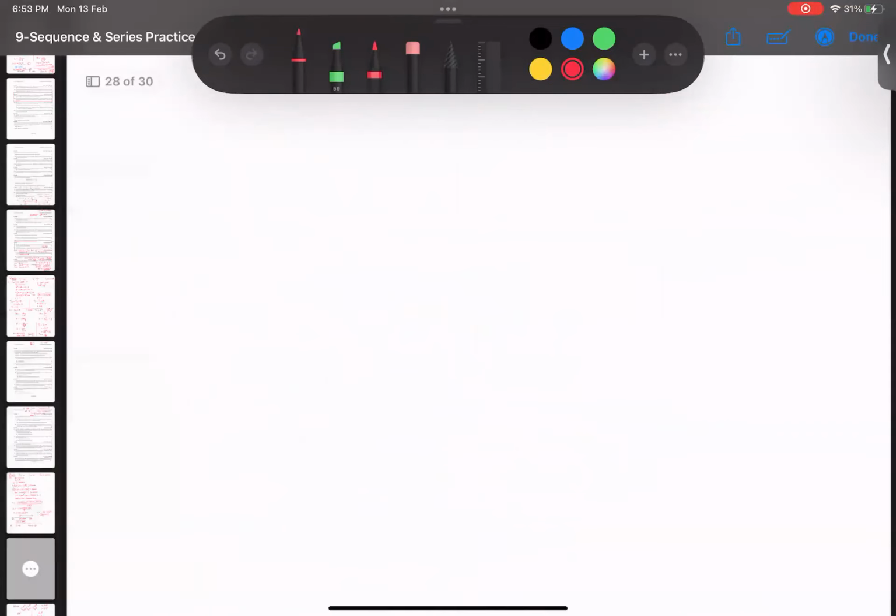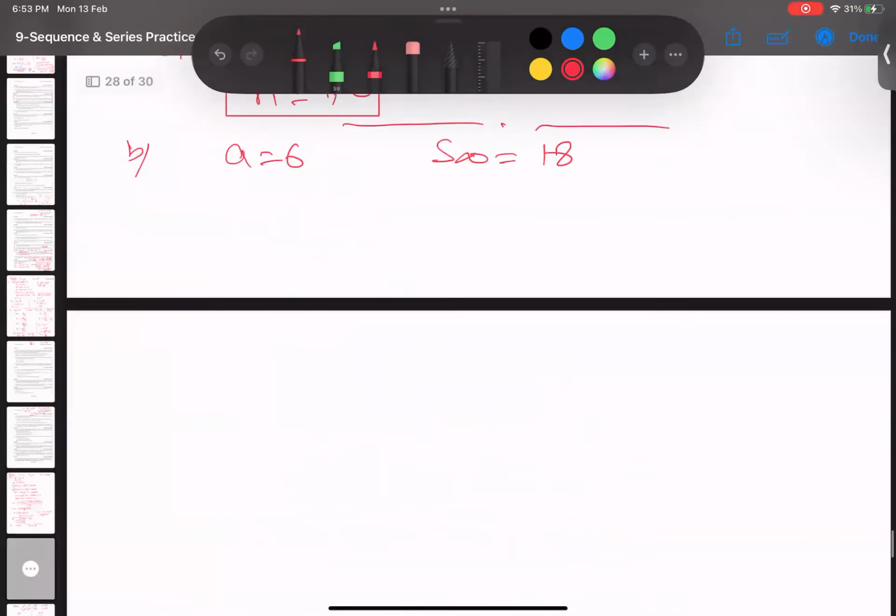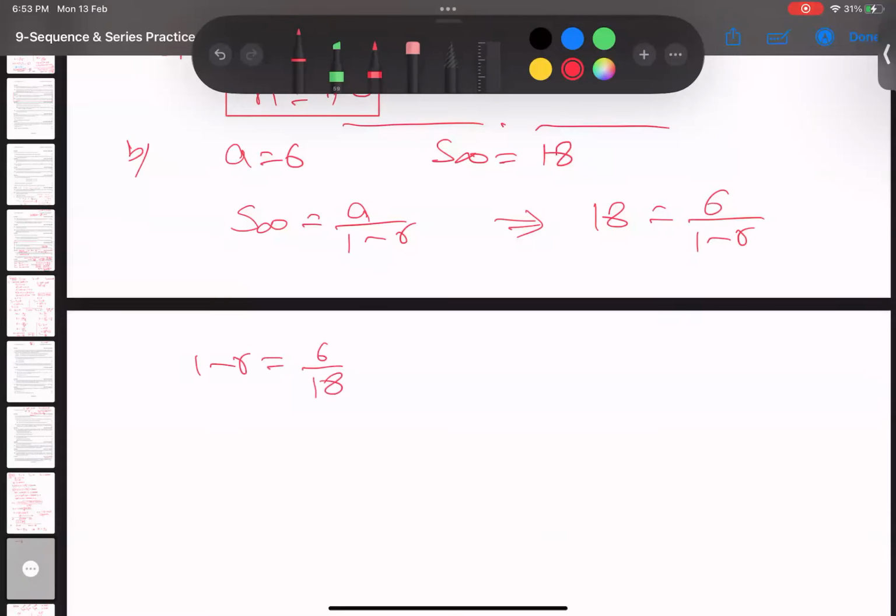Let's see how we can apply the sum to infinity formula, which all of you know: a upon 1 minus r. I plug in 18 here and the a value here. In this way, I can easily get the r value. So 1 minus r equals 6 by 18, and onwards, 1 minus r equals 1 by 3, and the r value becomes 2 by 3.